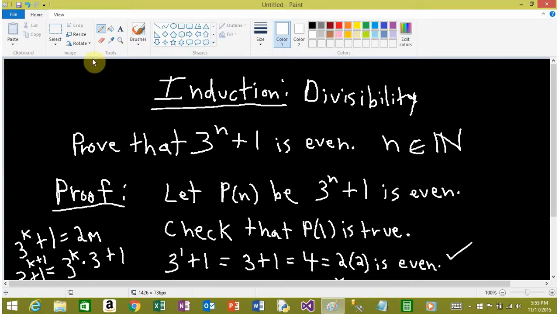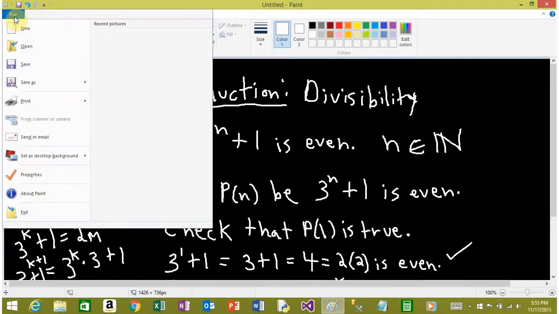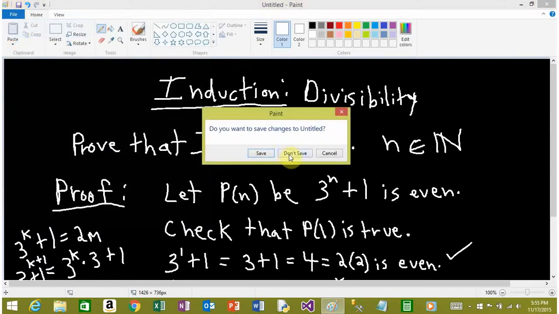Okay, so that was one example. Let's look at another example. And we'll start on a new board here.